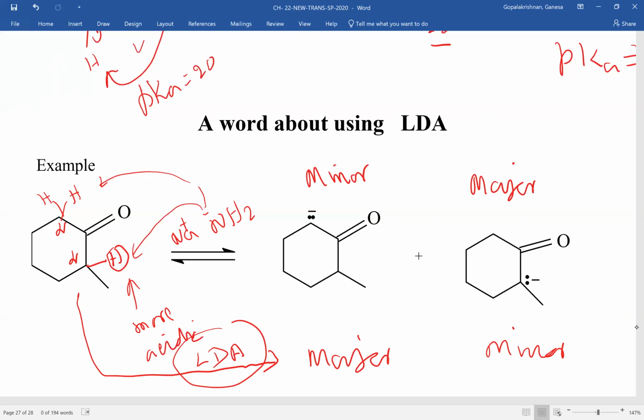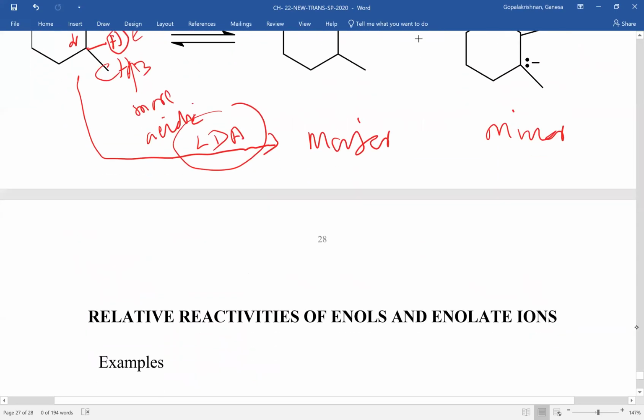It finds it harder to go closer to this and pull it because there is a CH3 that sterically hinders that hydrogen. So if it pulls, it is only a smaller percentage. It goes to the less acidic one and pulls it, so it is the major product.